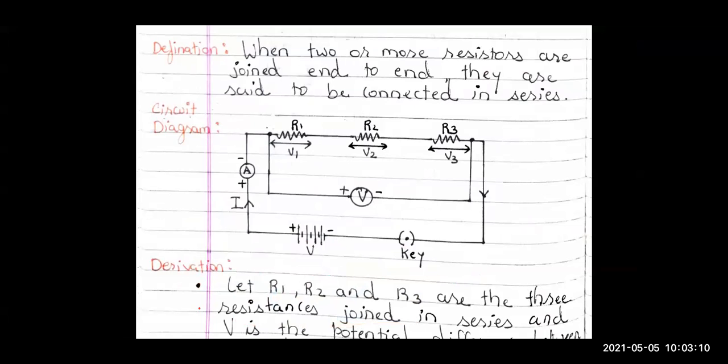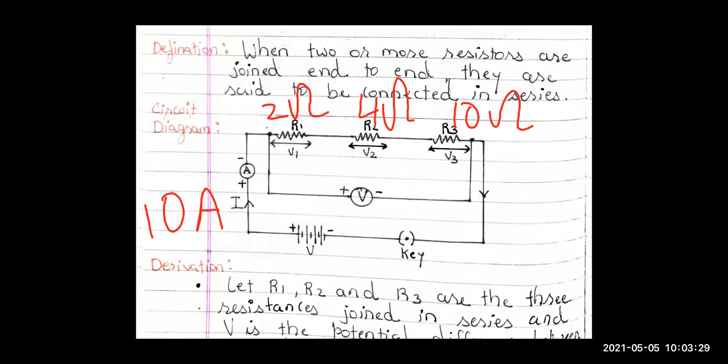Now suppose I have connected three resistors: the first of resistance 2 ohm, the second of 4 ohm, and the third of 10 ohm, right? The current flowing through the circuit is, suppose, 10 ampere. What is the total resistance of the circuit? What is the resultant resistance of the circuit, right?